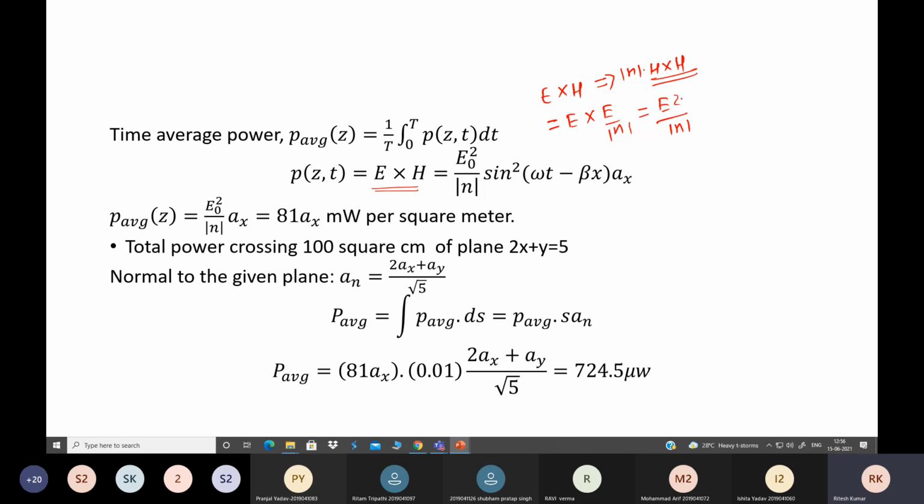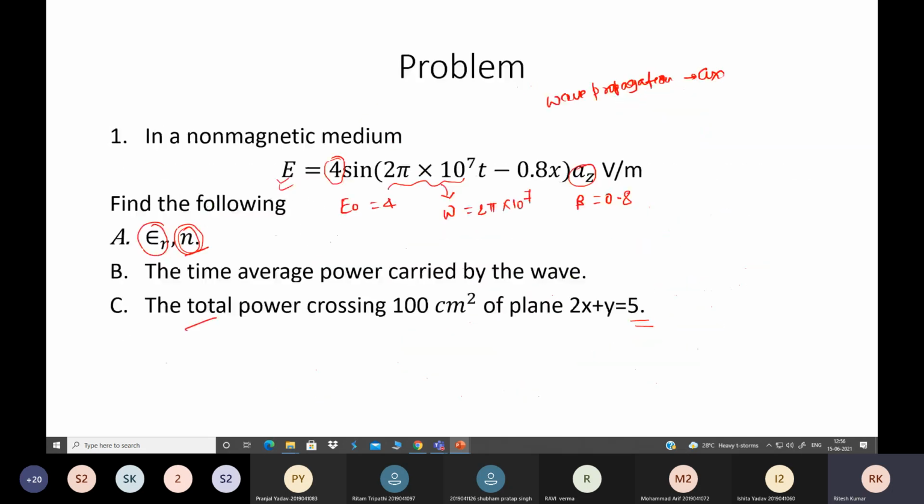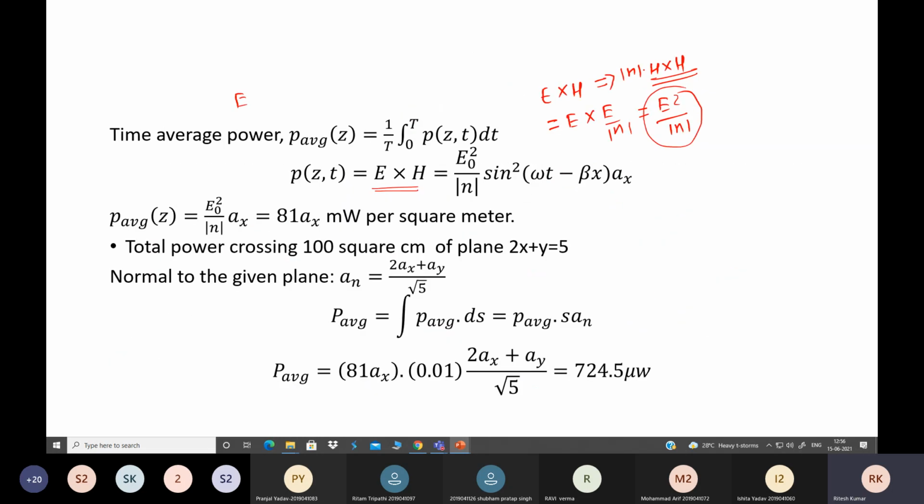See, in this expression we have E square divided by mod eta. E square is what is given in the problem: 4 sine 2 pi, this one. So the expression is this. After taking the cross, sine into sine, we can write sine square of omega t minus beta x.